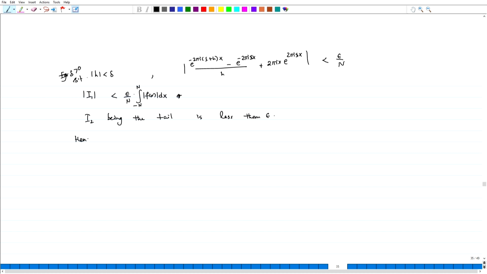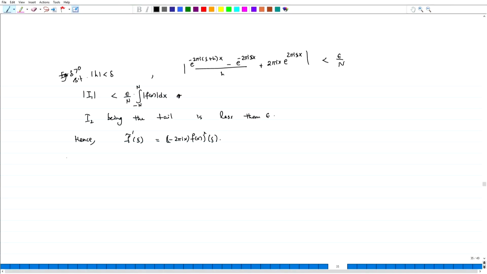Hence we get that f hat prime of xi exists, and this is nothing but the Fourier transform of minus 2 pi i x f(x) at xi. If f is in the Schwartz space, then f hat is differentiable.